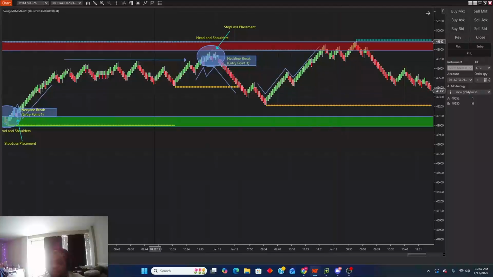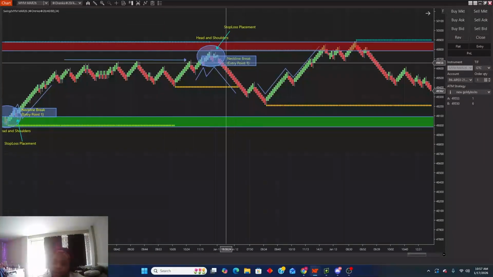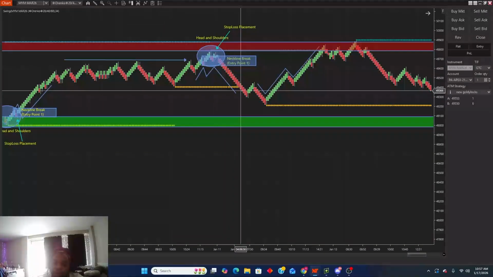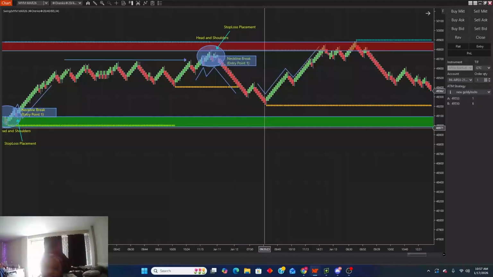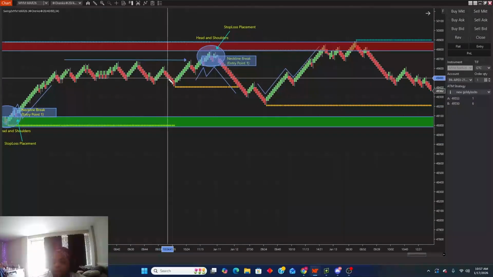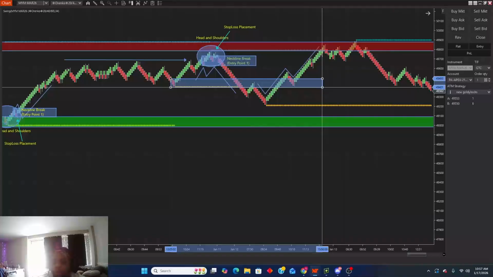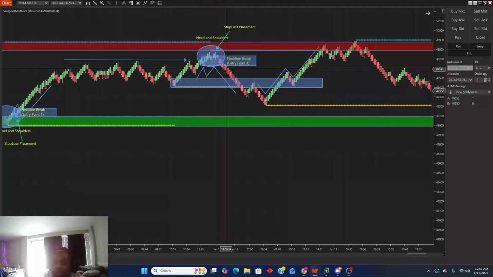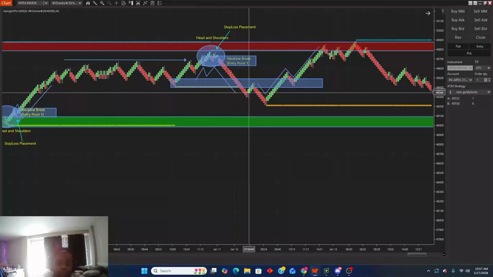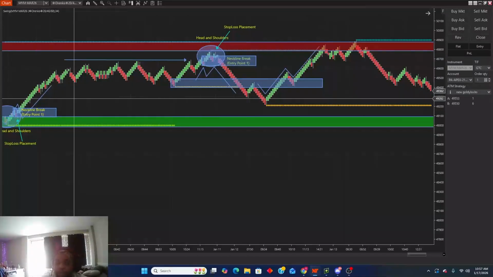Now, neckline break here. We anticipated price to come down here. It didn't. You have a structure break here. Right? Watch. Price came, used the structure break because we couldn't break this.